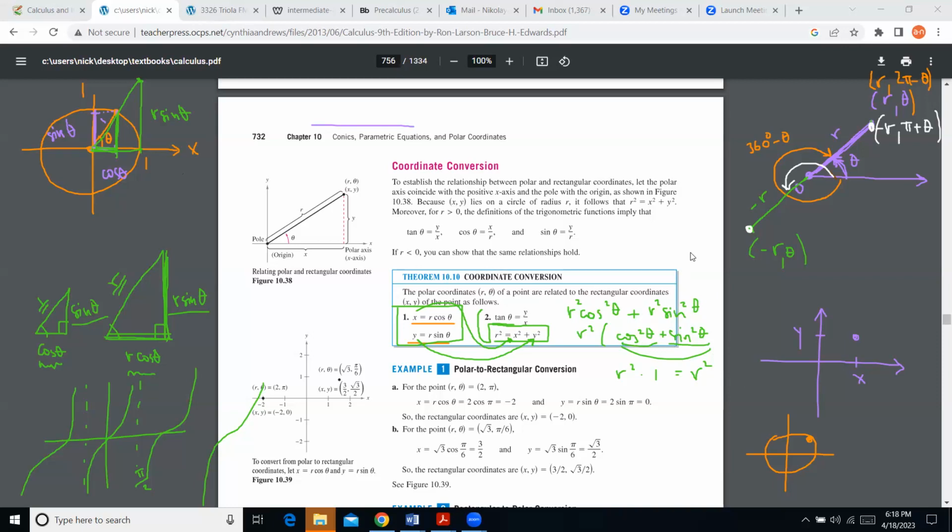And of course, the first formula is nothing else but the definition of tangent. It's opposite over adjacent sides. So if that's angle theta, and this is opposite to it, and this is adjacent, the quotient of opposite over adjacent was defined as the tangent of theta, and that's exactly what this formula says.